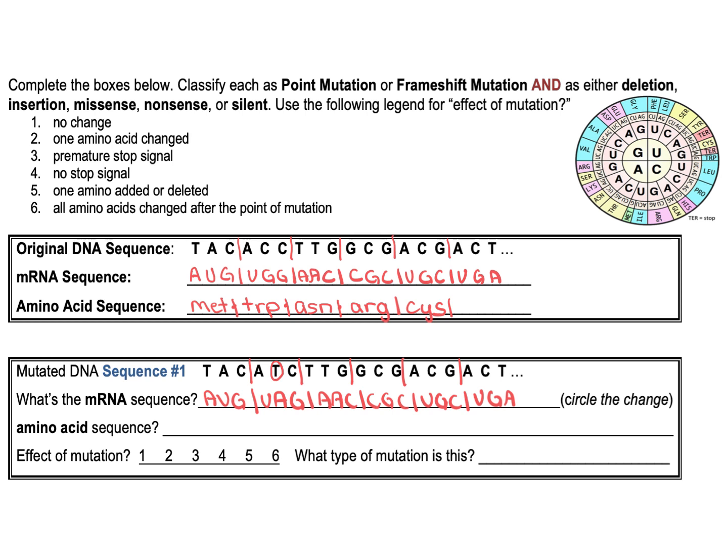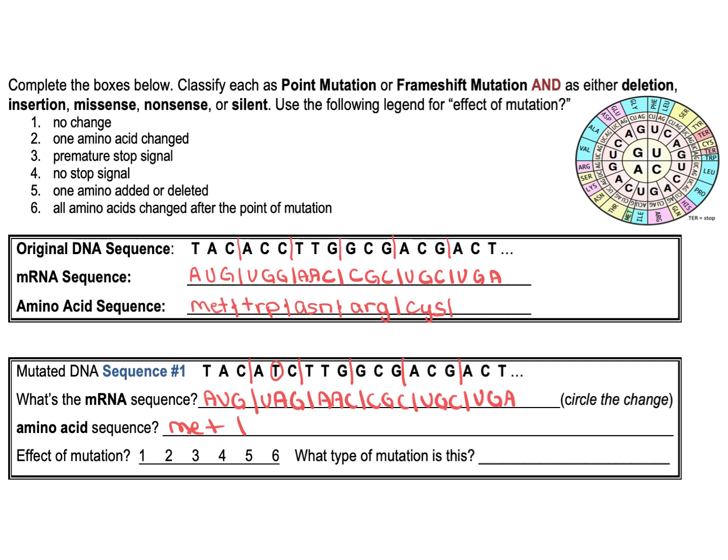So AUG is met for methionine. And then UAG is terminate. So this is going to be where we stop. And so whenever we look over here with the effects of the mutation, we see that it's number 3.